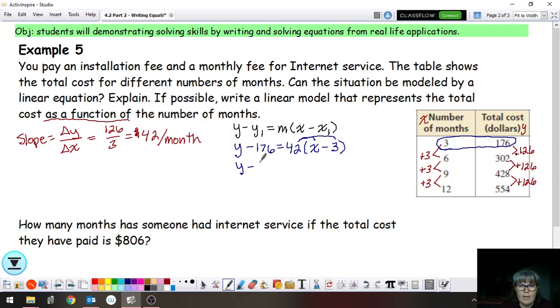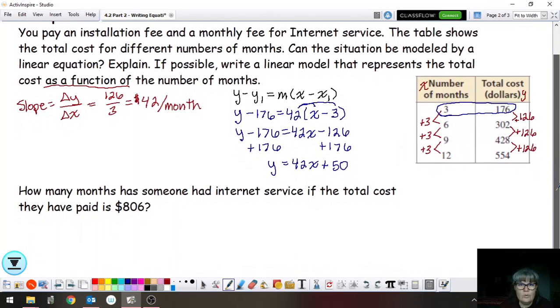So we have y minus 176 equals 42x minus 126. Add the 176 to both sides, and we have y equals 42x plus 50. So our monthly fee is the $42 and the installation fee is $50.